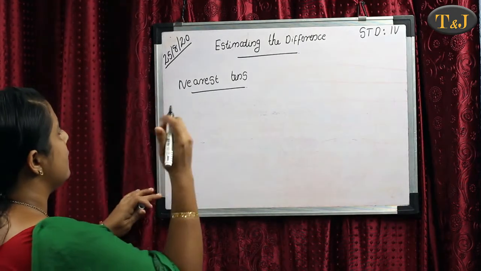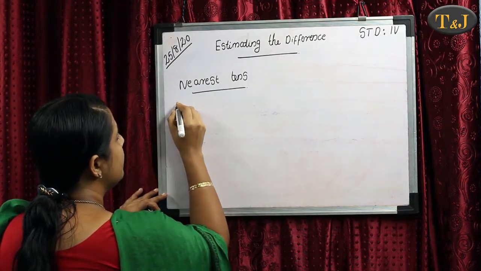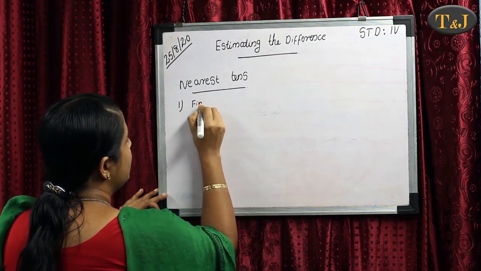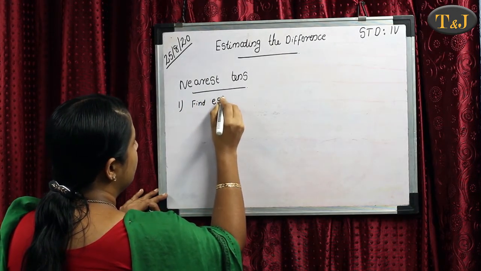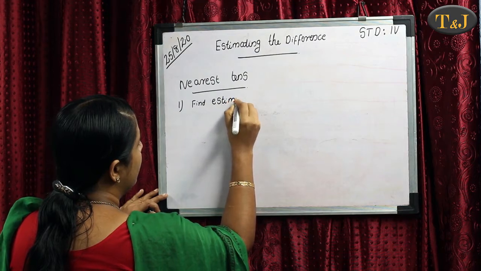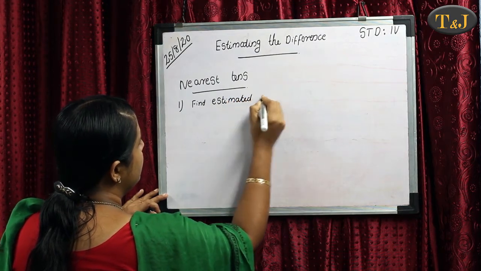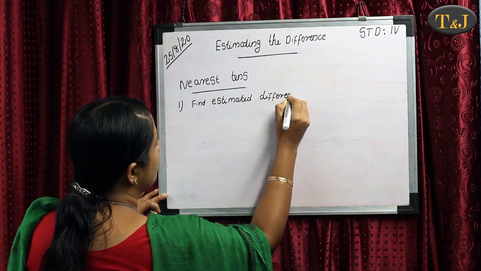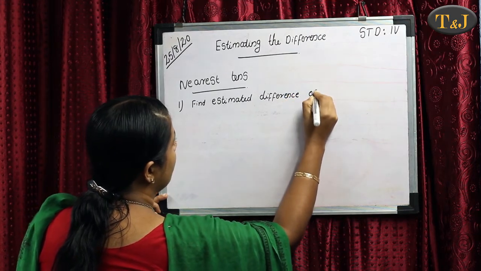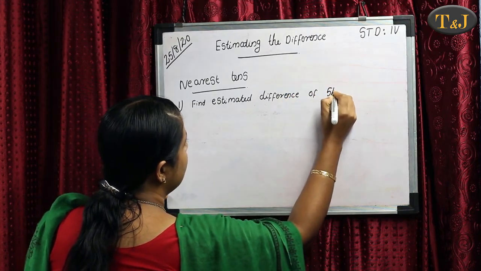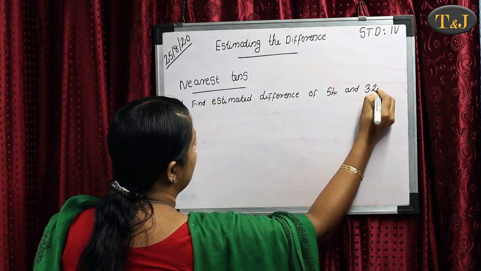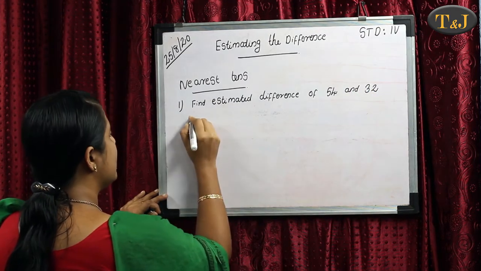Considering the example, first problem: find the estimated difference of 54 and 32, and also find its actual difference.